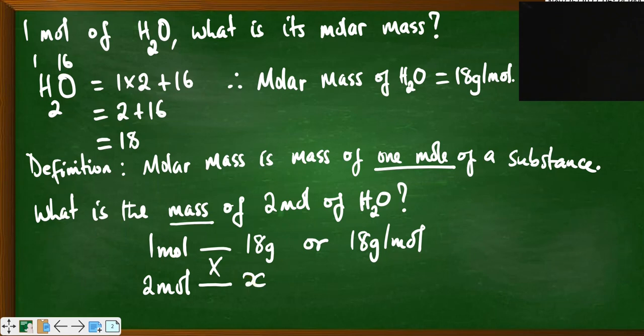Let me just proceed to the next page here and rewrite. We have 1 mole, which is 18 grams. Then we have 2 moles, which we are saying is x.